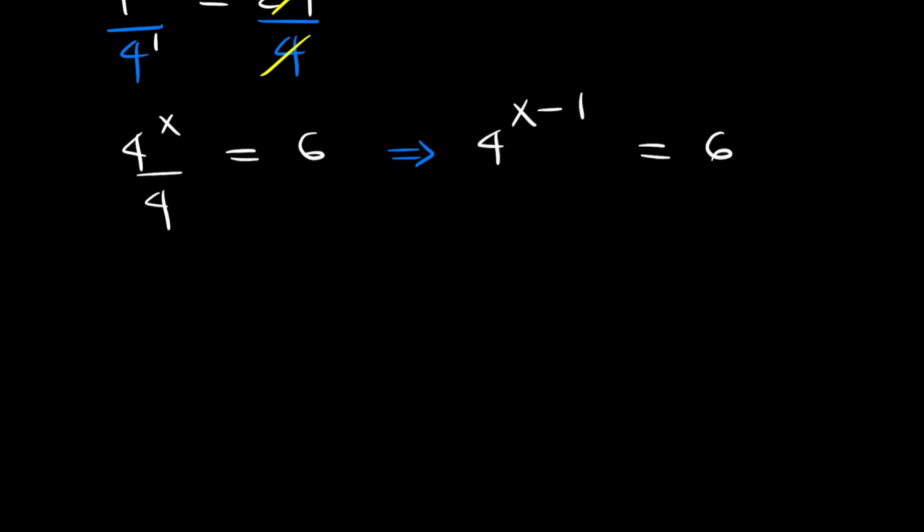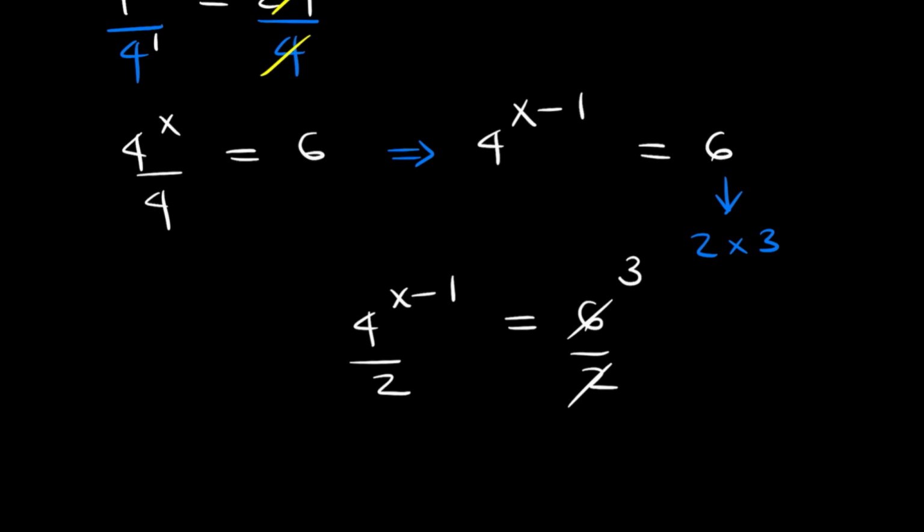And now you can take the logarithm of both sides. Or you can also still break down 6 to 2 times 3, which means that you can still divide through by 2 on both sides. So if I have 4 raised to power x minus 1 equal to 6, and I divide through by 2, this gives me 3 on the right hand side.